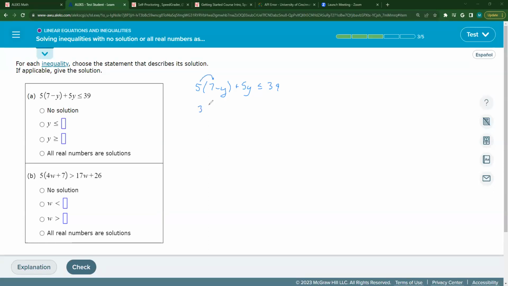Distribute, so we have 35 minus 5y plus 5y is less than or equal to 39. These cancel out. 35 is less than or equal to 39. This is true. I have the smaller number by the smaller part of the symbol, so this is true. All real numbers.